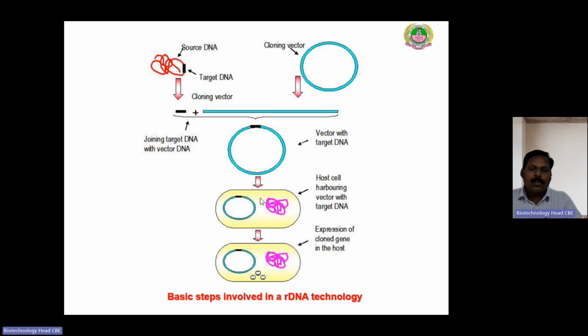This will be mobilized into a bacterial host system or a yeast or any other biological host system for propagation. Every time this recombinant DNA multiplies, it also produces the recombinant protein, where you can typically see the expression of the recombinant protein in the cloned host gene.